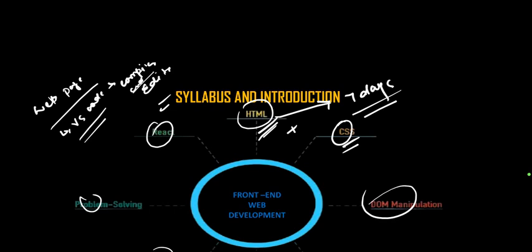So what is the work of the doc type? The doc type shows the version of HTML. Remember this thing. And what is the work of the HTML tag? It defines that this is an HTML page.